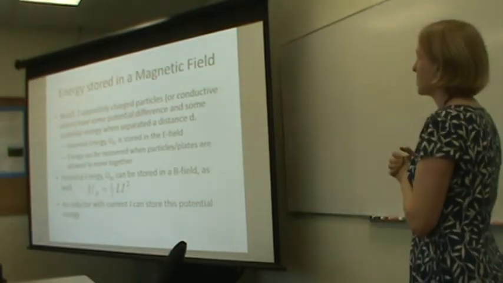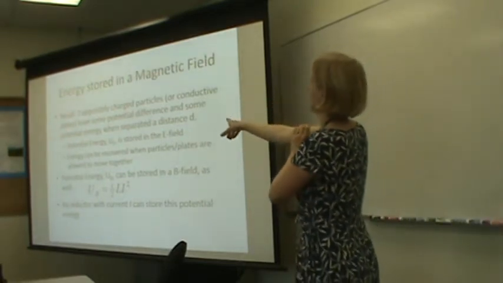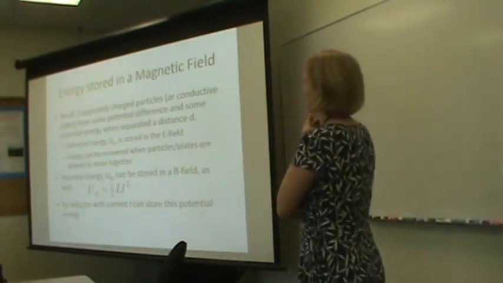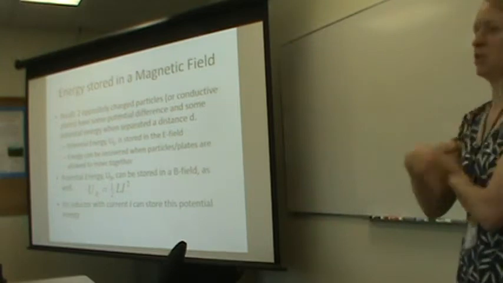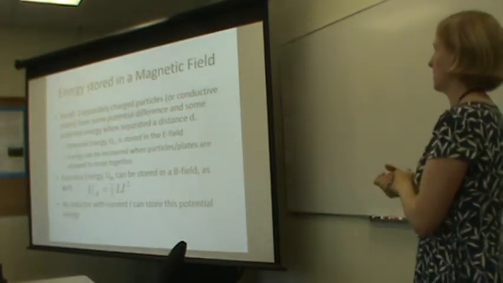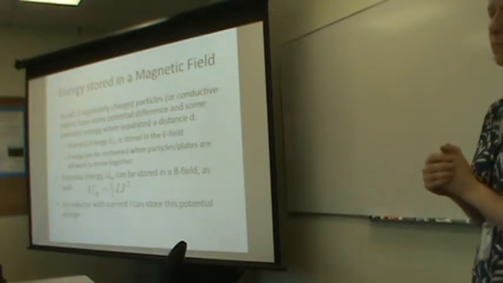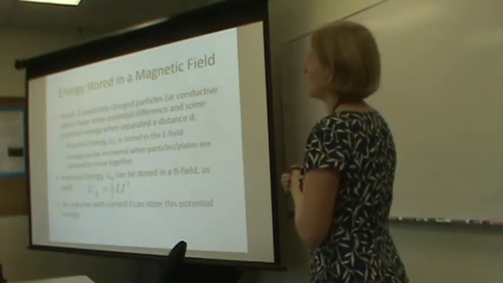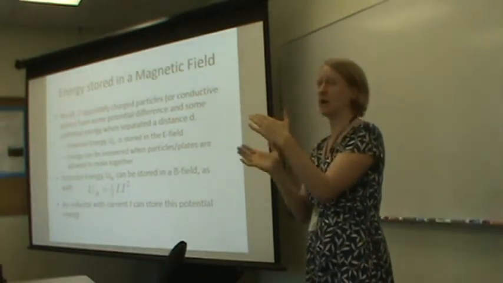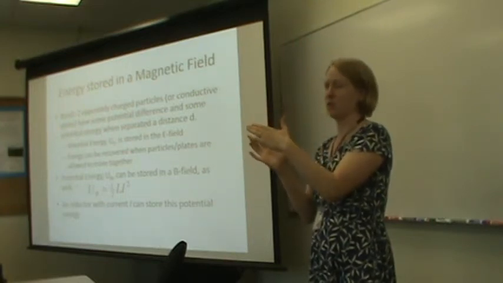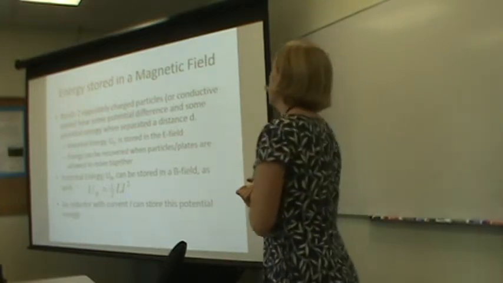So that stored energy was electrical potential energy, and then you can recover that when you discharge the plates, if you allow the plates to move together or whatever. So that was that ideal situation where you assume no loss in a capacitor, you could store energy indefinitely.